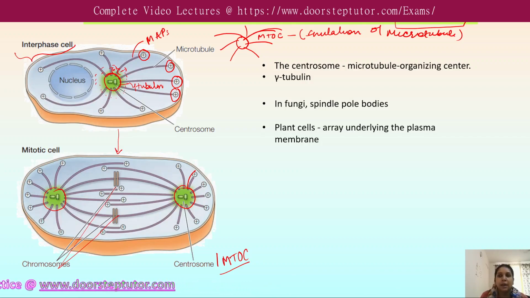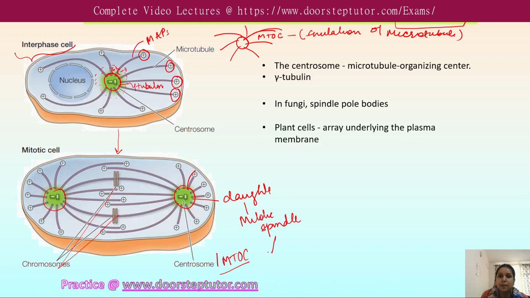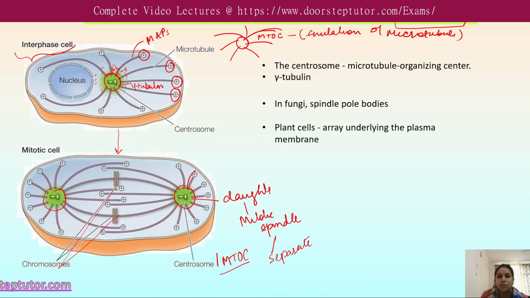Basically, what happens in mitosis is that the microtubules extend from the daughter centrosome. Here it is a daughter centrosome, and it forms the mitotic spindle, and these spindles are necessary to separate the chromosomes to the daughter cells. So this is the role basically provided by the mitotic spindle.